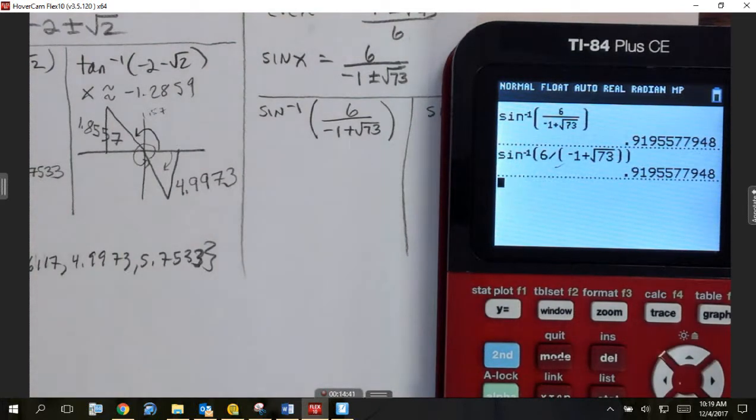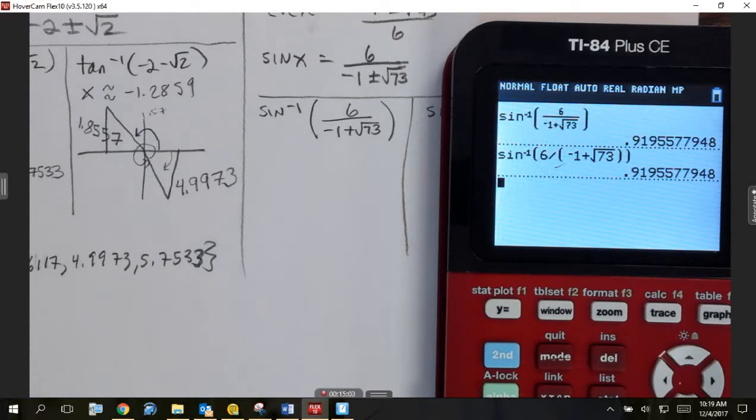So whatever calculator you have, I've typed it in both ways for you. Please try it on yours. Alpha y equals. And then enter.